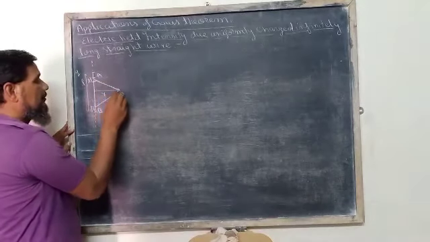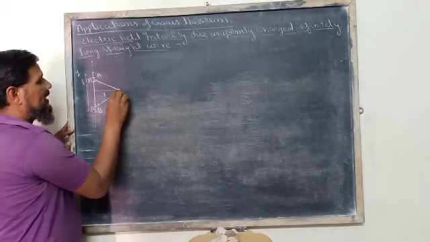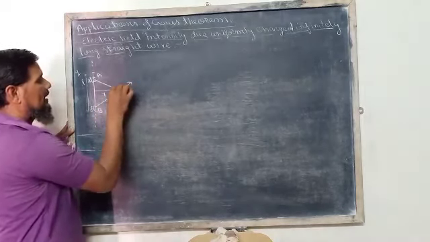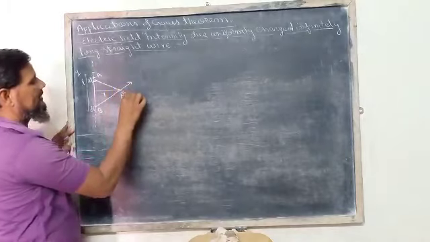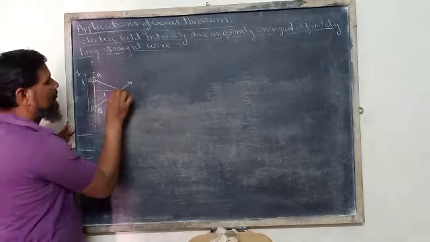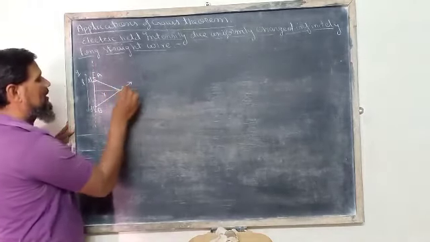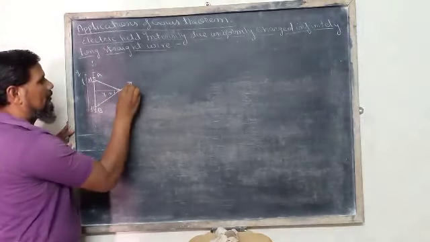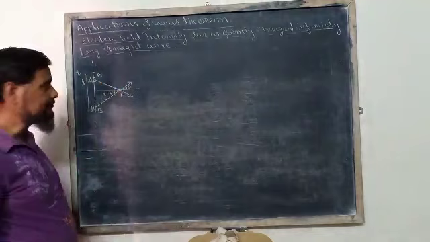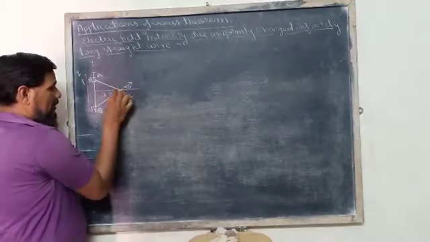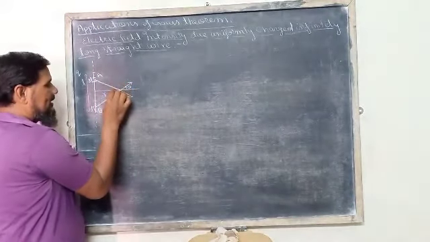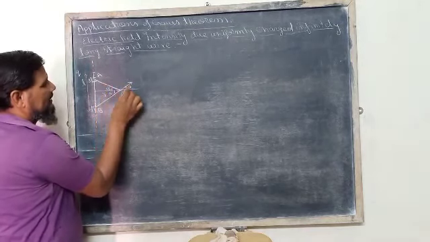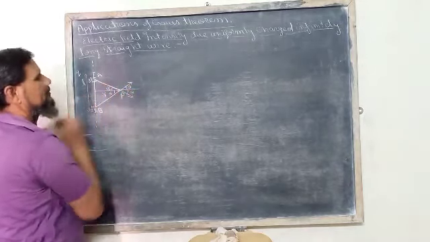Now first of all we calculate the direction of the electric field intensity. So we produce this. If this angle is theta, then this angle will also be theta, because alternate angles are equal, vertically opposite angles are there.